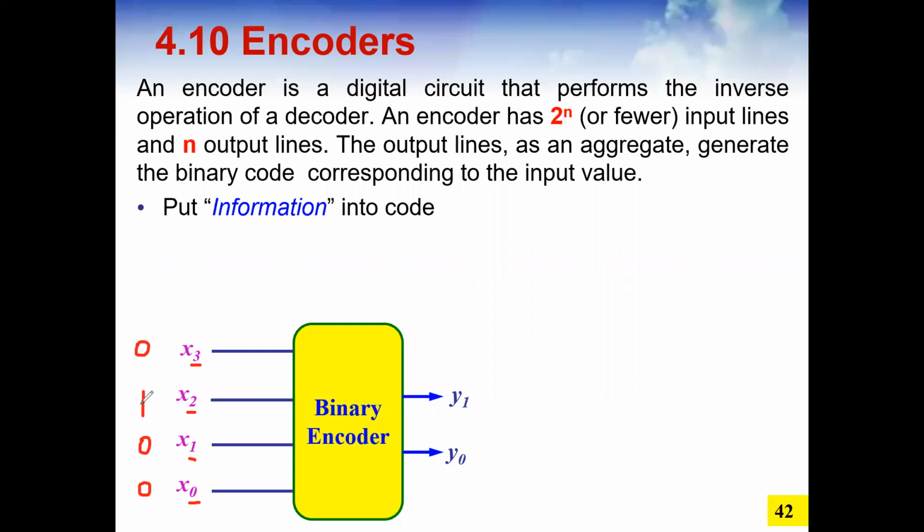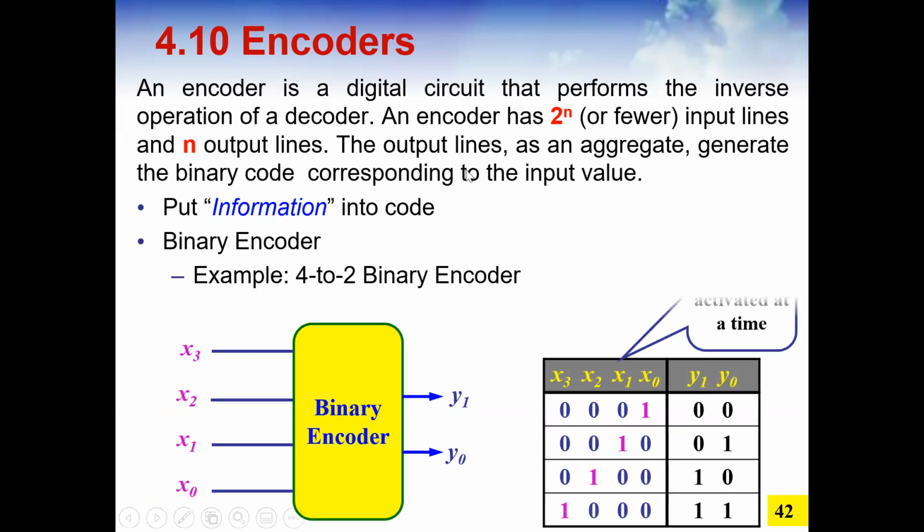Because this input, x2, is high, the output will be the binary value 2, 1, 0. Similarly, if this one is high, the rest are 0, that is x0 is 1, what will be the output at that time? 0, 0. Exactly. This is how the encoder works. It is performing the inverse operation of the decoder.